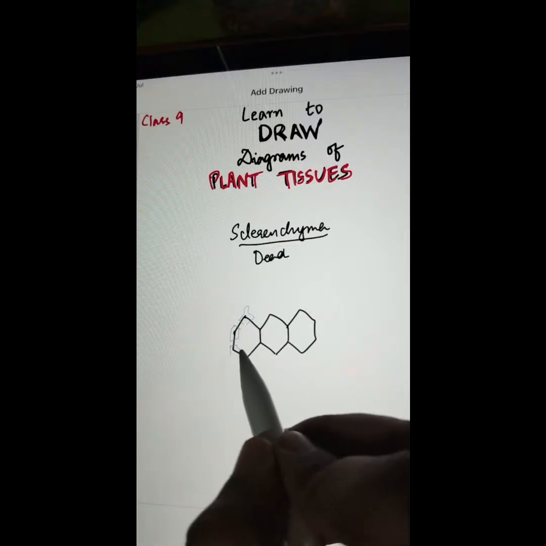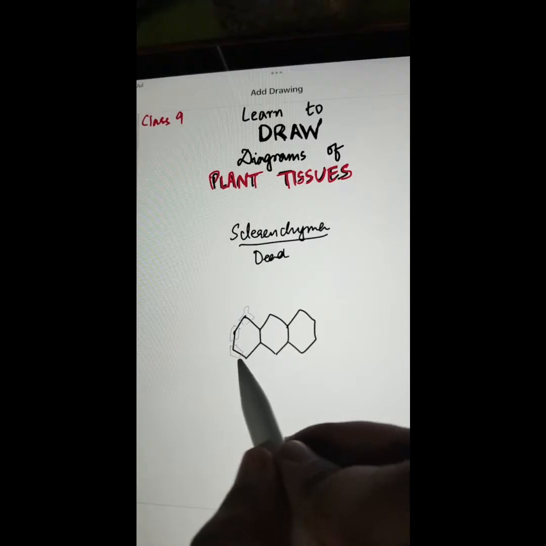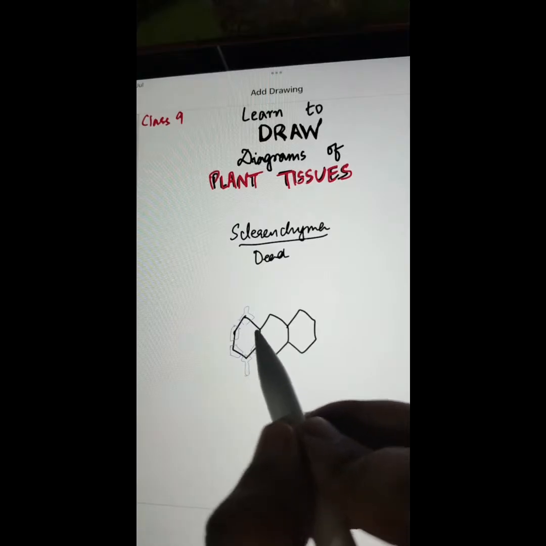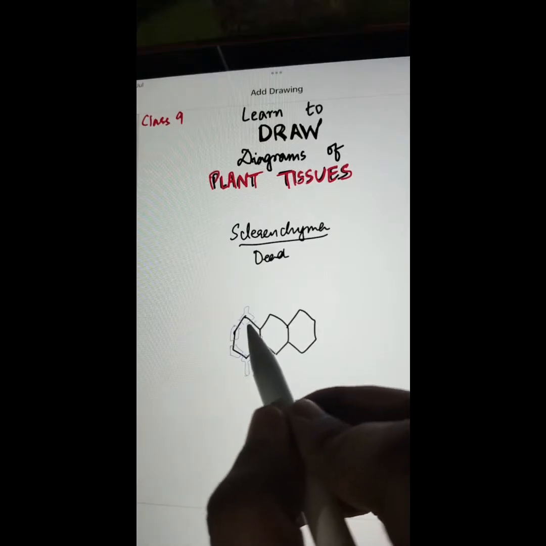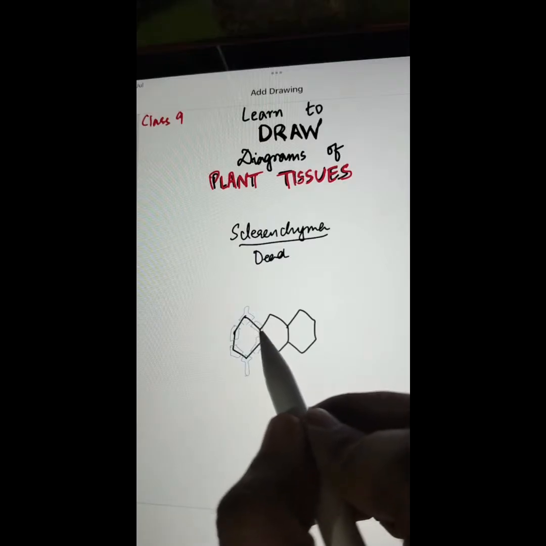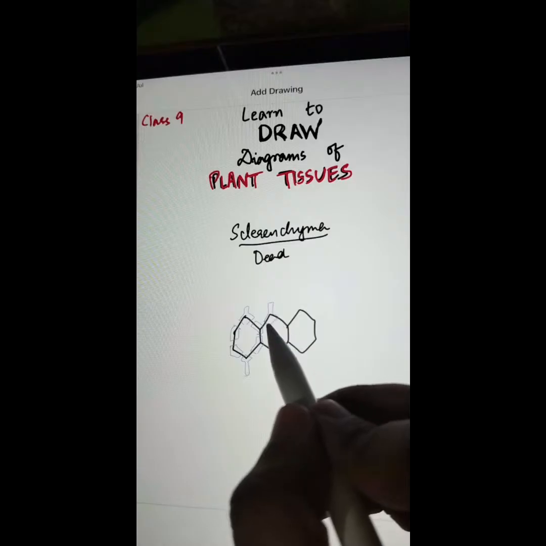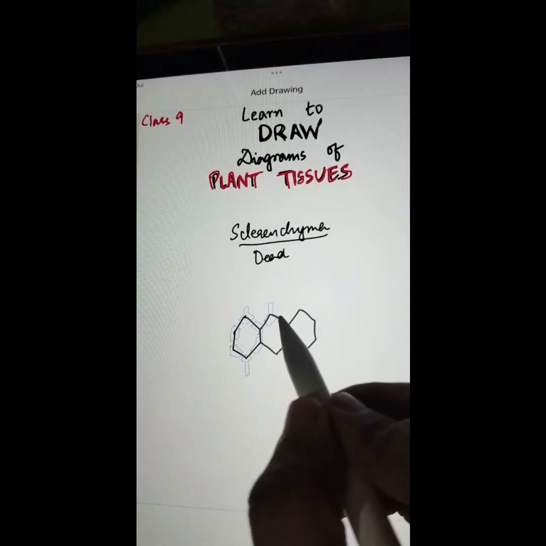Similar diagrams can come in any examination of yours where you will be asked to identify. So the diagrams which are given in the NCERT on the right hand side page, all the 4 diagrams. So this way you need to show the thickening in the case of sclerenchyma.